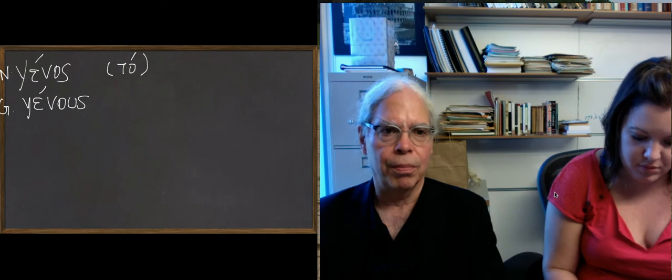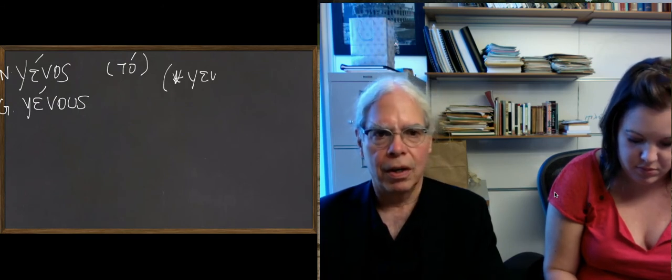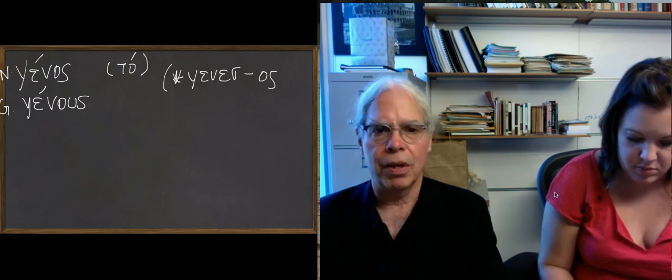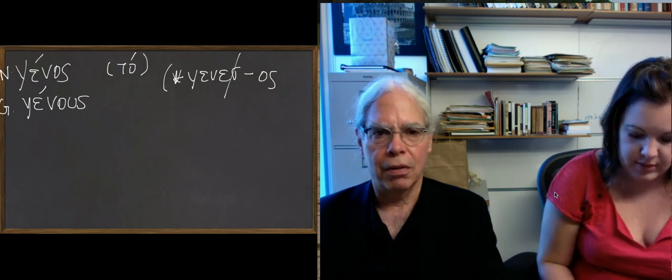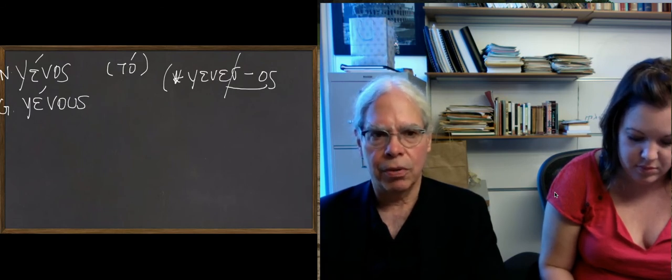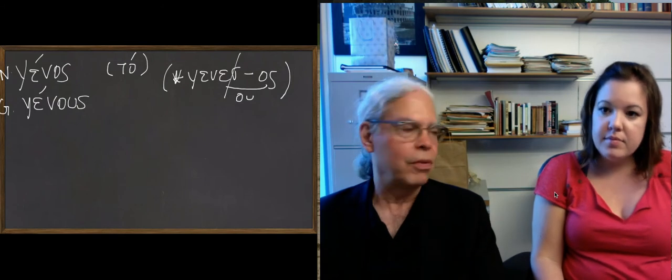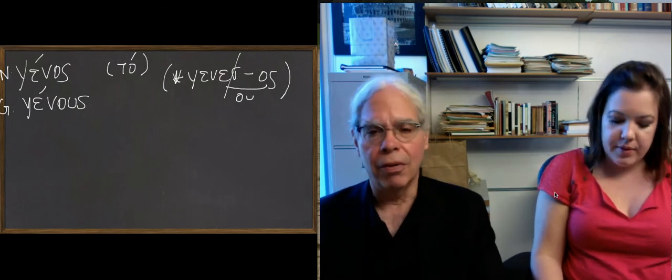When you add OS to that, for example, the S disappears in between the vowels. It turns into a sigma, then an H, and then it goes away, and then you have a contraction process, and E plus O gives you OU. So this is what's obscuring the fact that this is a third declension noun.